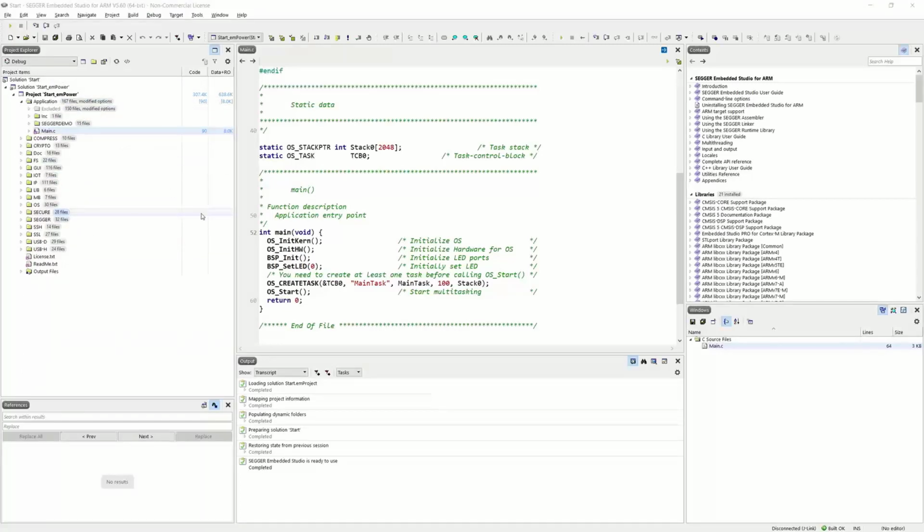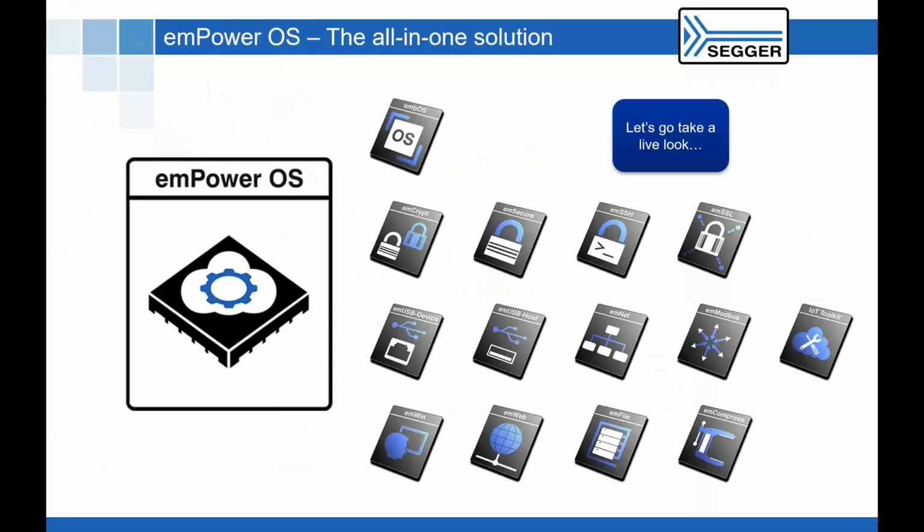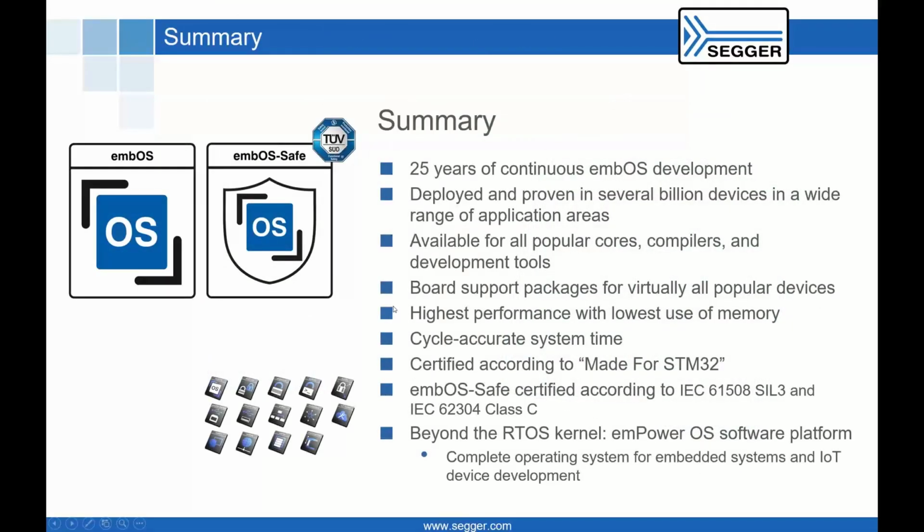All right, so we are coming up to the end here. Just a quick summary. Should have updated that: 28 years of continuous development for embOS, deployed in lots and lots of devices around the world in different areas.